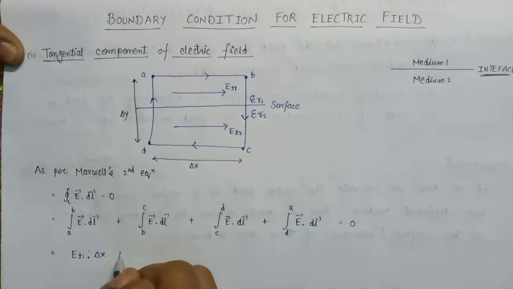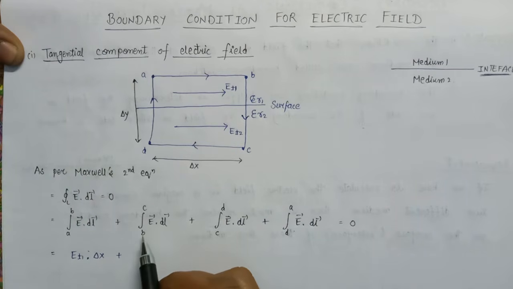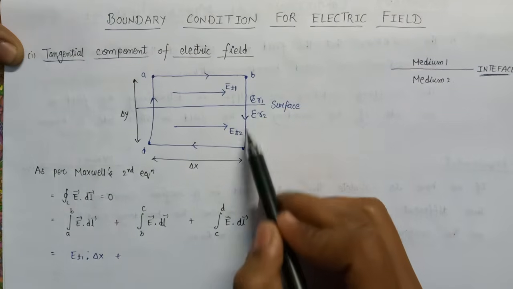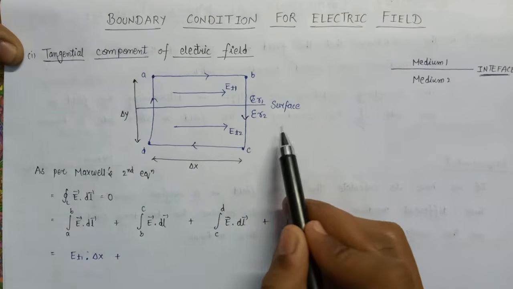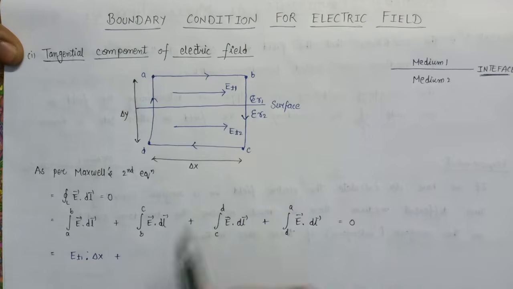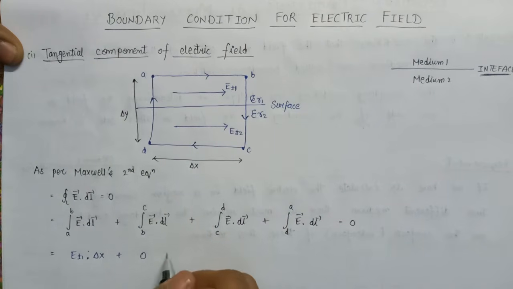Now here is B to C limit, but in this direction there is no component of electric field, that's why it becomes 0 only.